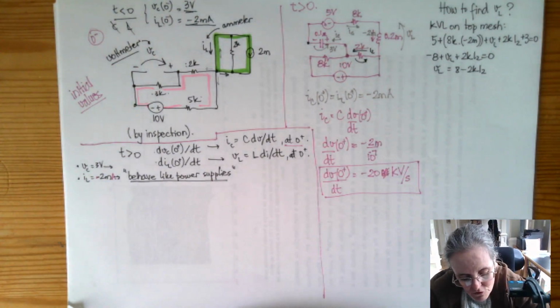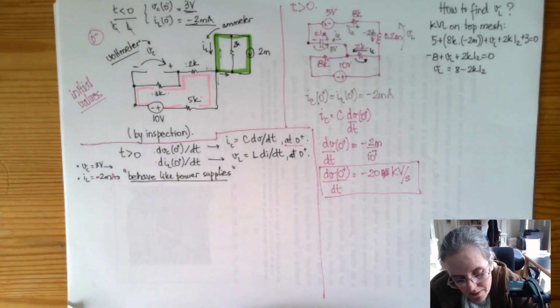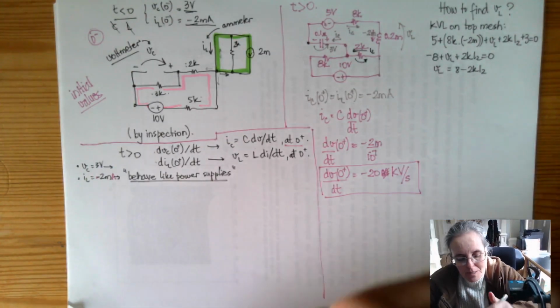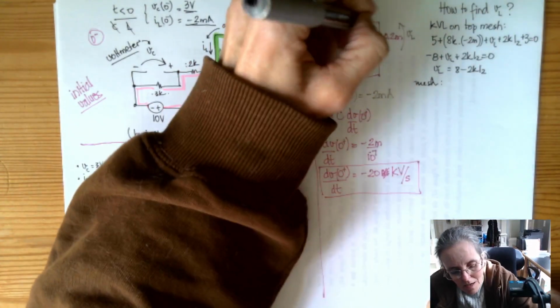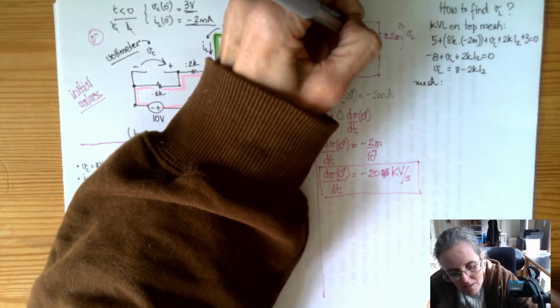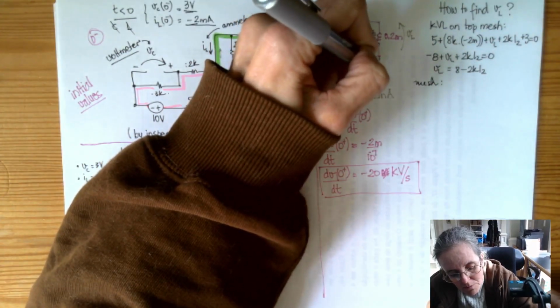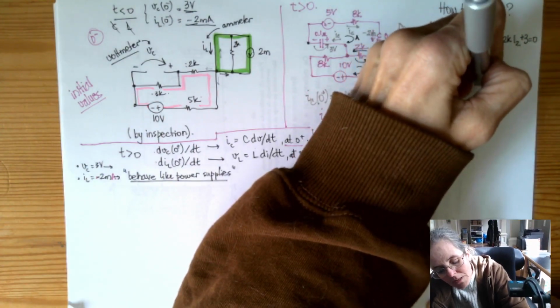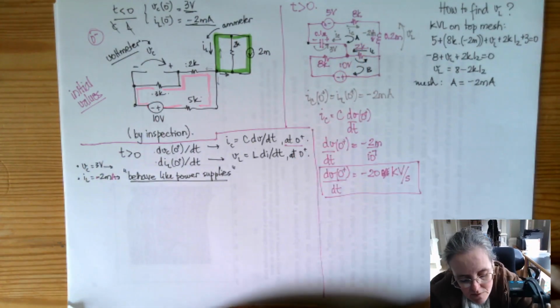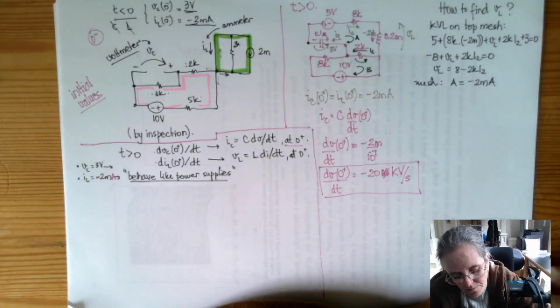To find I2, one way is to use mesh analysis. I will call this mesh A, and this mesh B. The current A is minus 2 milliamps because it's defined by that inductor.